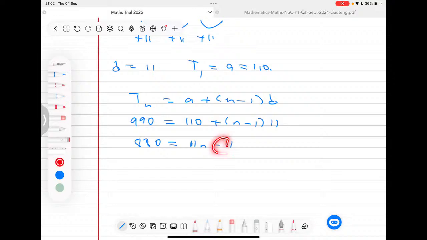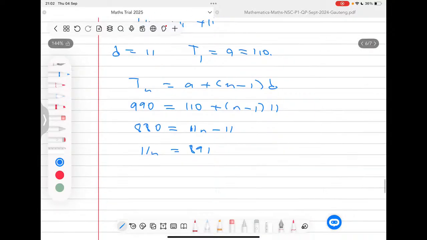I'm going to then take this number and put it this side, so that I have like terms on one side. So if I say 880 minus 11, right, that should give me 11n should be equal to 891. That should be 891. I hope I'm correct there.